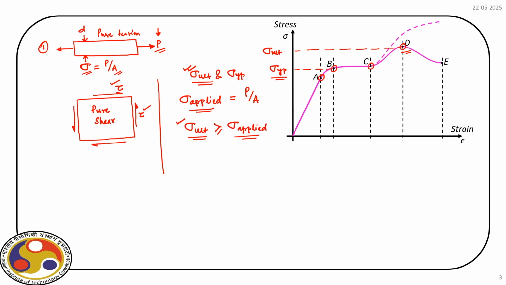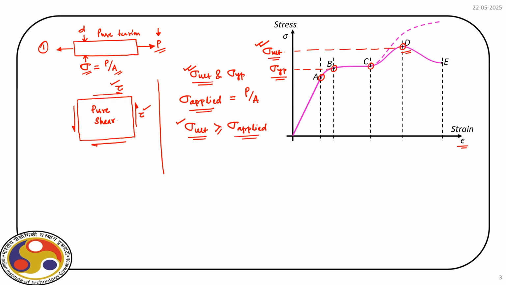But in design, what we do, we always underestimate this sigma ultimate. What does it mean? We have sigma ultimate from the material testing. So, if we take a sample that I have already discussed, as per any standard, you take a sample and then in the UTM you can actually develop this stress strain behavior of the material, and from that behavior you can identify what is the sigma ultimate.